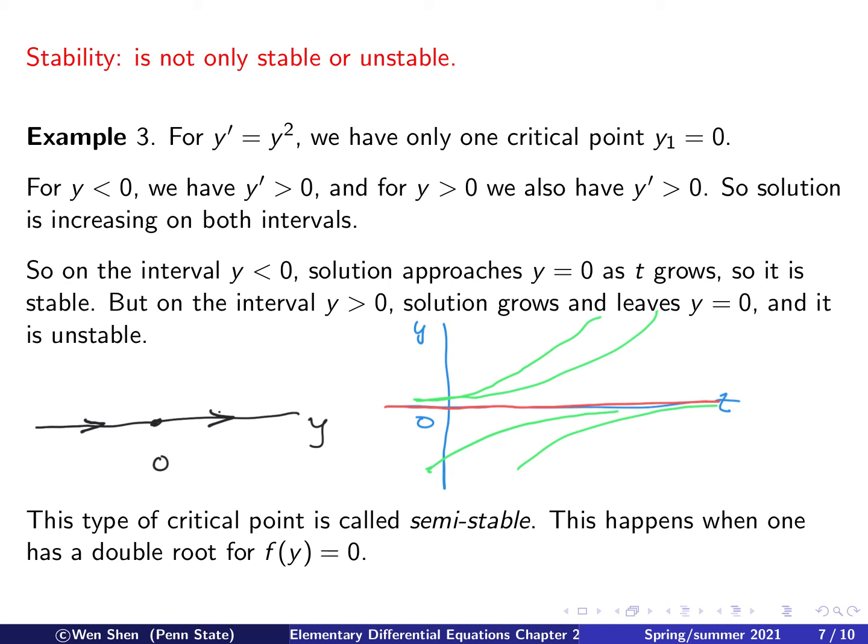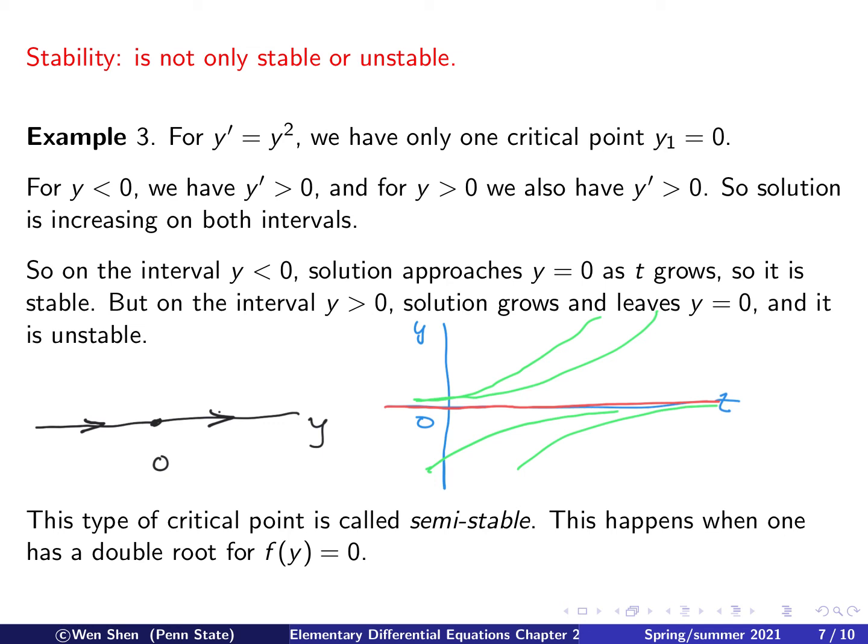So we see that if we put a little perturbation around the equilibrium state, if we perturb it a little bit so y becomes less than 0, then it's stable, it goes back to 0 asymptotically. But if your perturbation is a little bit to the right, so y is a little bit bigger than 0, then it will drift away to infinity and never return to y0.